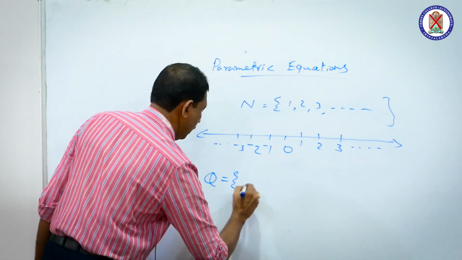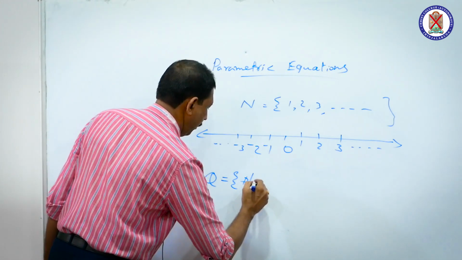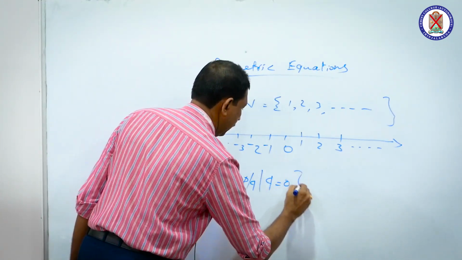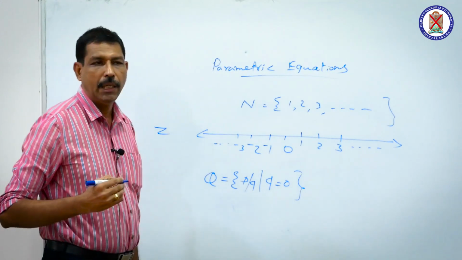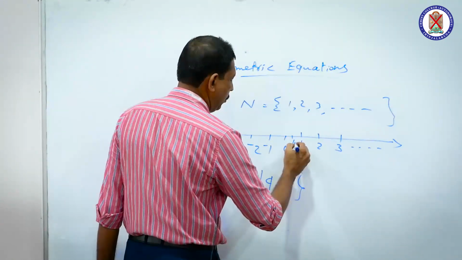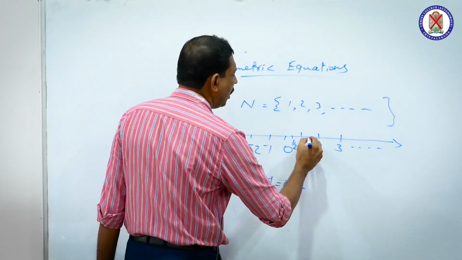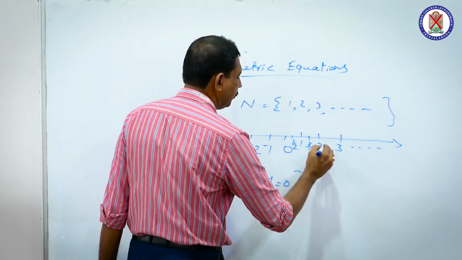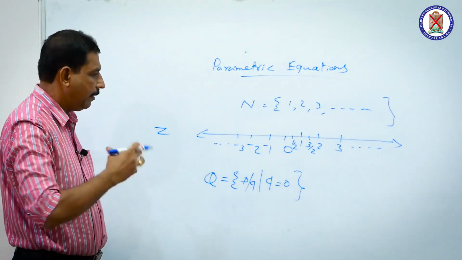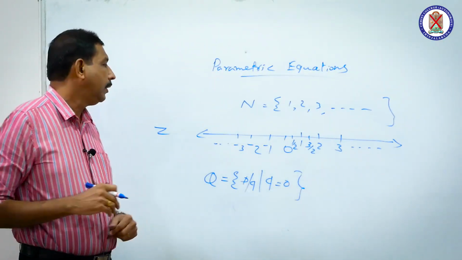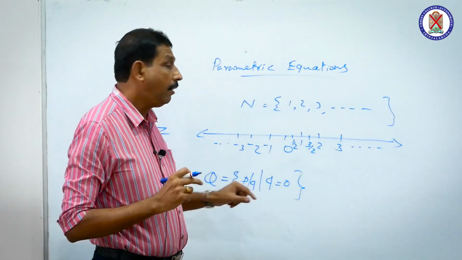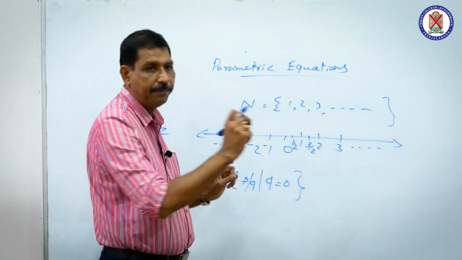Q is equal to the set of all numbers of the form p by q, where q is not equal to 0, and p and q are integers. In that sense, we can squeeze 1 by 2 here, 3 by 2 here, and so on. On the negative side also, we can add some numbers in between. But on this line, there will still be some points missing.